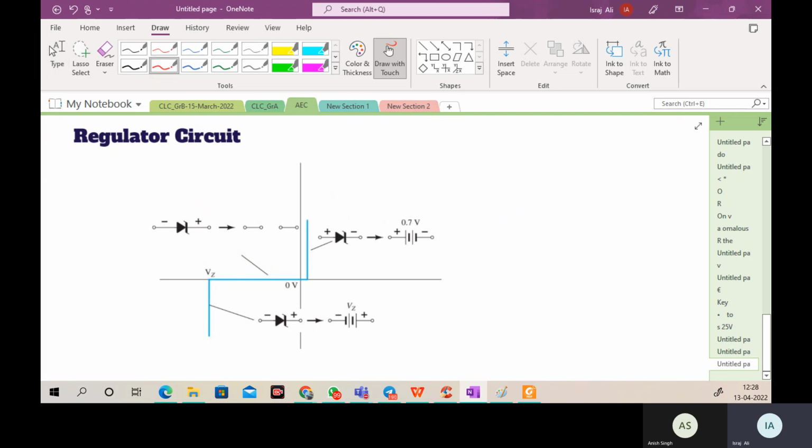A Zener diode is a heavily doped diode, so that we can get a huge amount of current on the reverse bias voltage. Correct? Got the point? As we saw, the avalanche breakdown will occur for a simple diode when a reverse voltage reaches the reverse breakdown voltage.